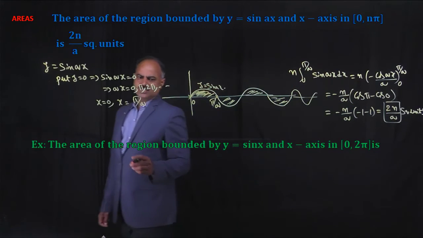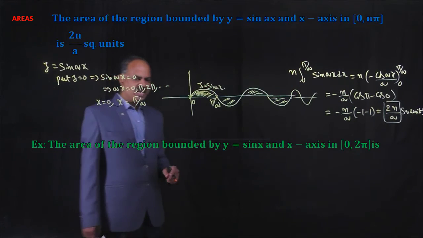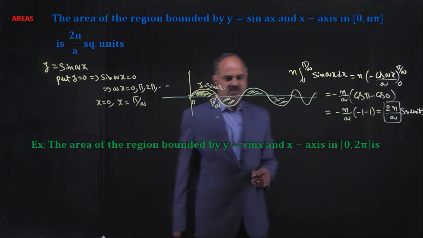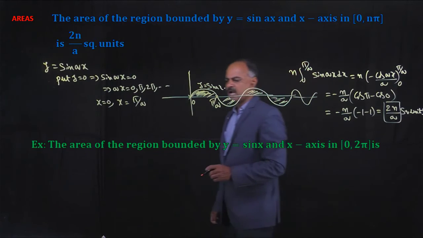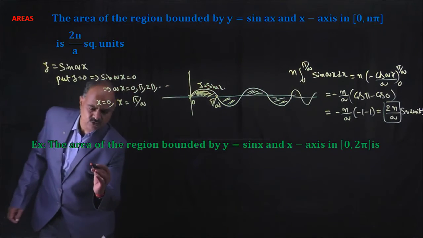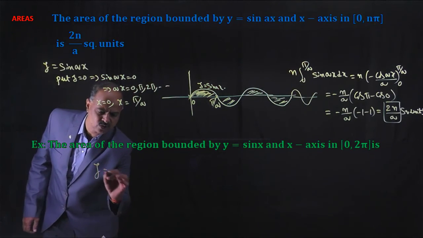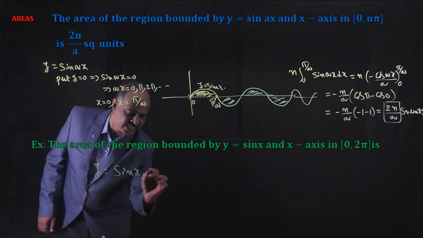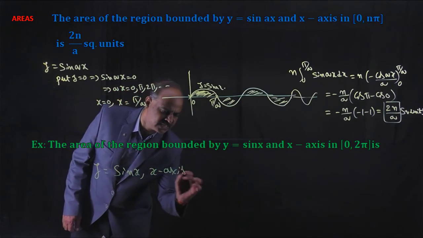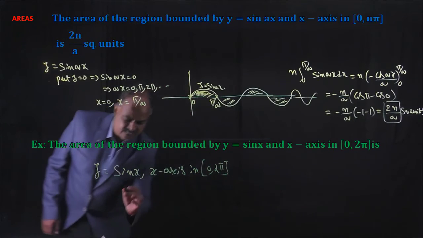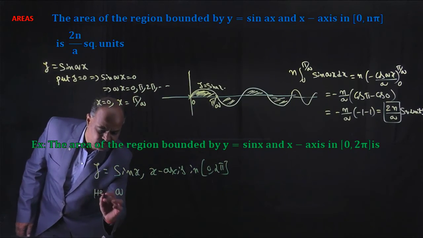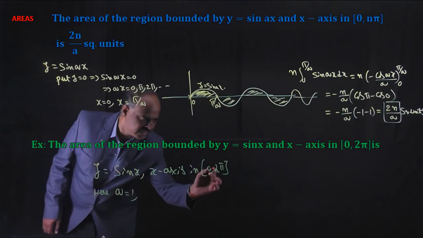Next, suppose for example the area of the region bounded by y equal to sin x and the x-axis in the interval 0 comma 2 pi. Here a is equal to 1 and n is equal to 2.